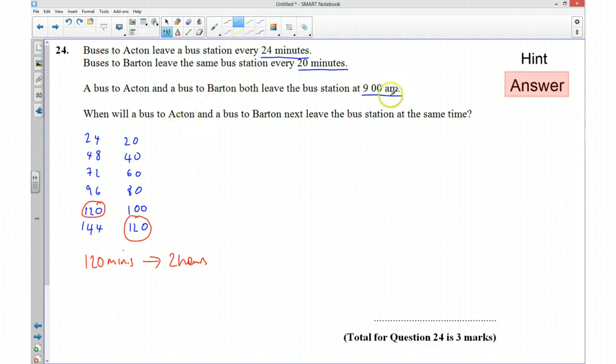So if it was 9 AM before, it's now going to be 2 hours later. I've done 9 add 2, that gives me 11 AM.